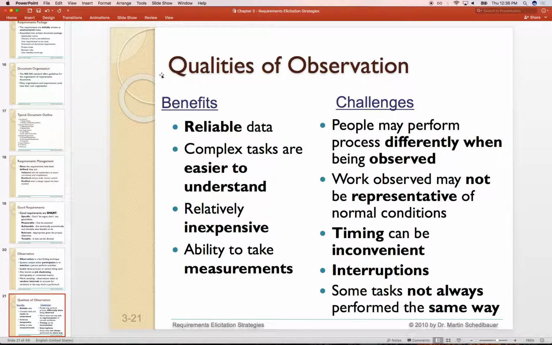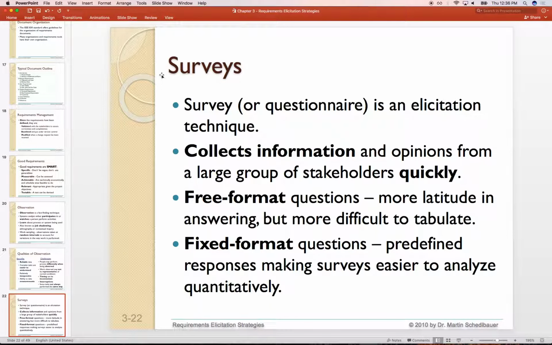So some tasks might not be as sequential and predictable. Making sure that we're both available at a particular time to do the observation, or that what we are observing is actually not representative of the normal ways of doing things, right? Because we're looking at it in the wrong way.